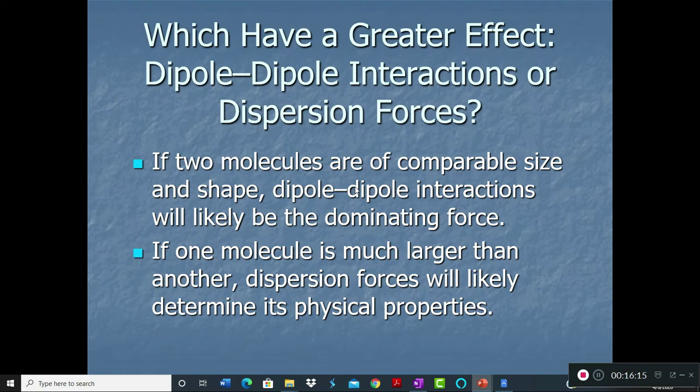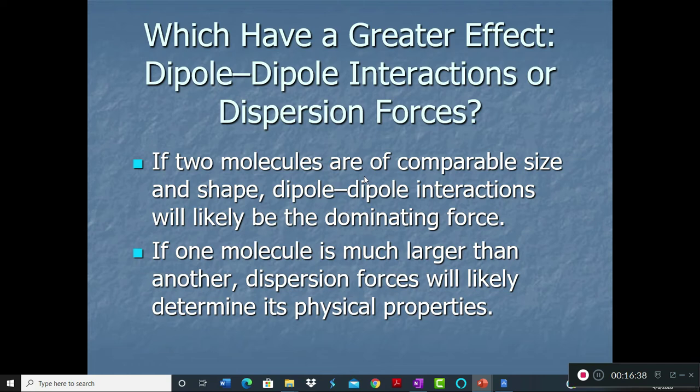Okay, so which has a greater effect, dipole-dipole or London dispersion? Well, absolutely, for the most part, dipole-dipole is going to be stronger because that's a stronger attraction, a more definite polar nature versus a fuzzy polar nature. It's called an induced dipole.